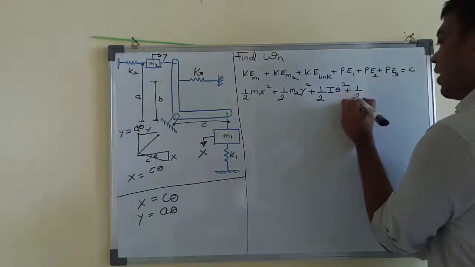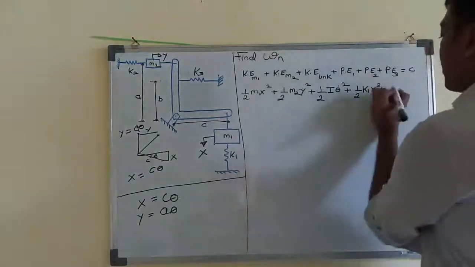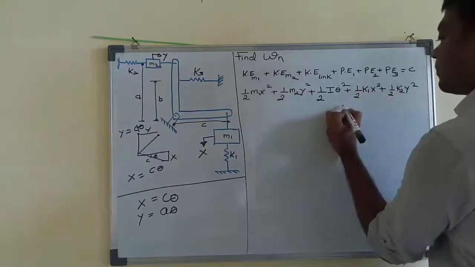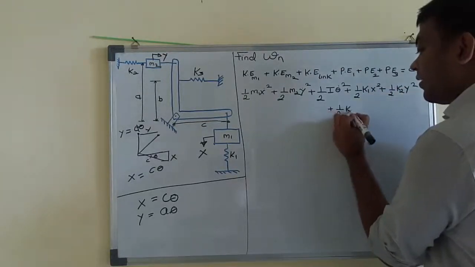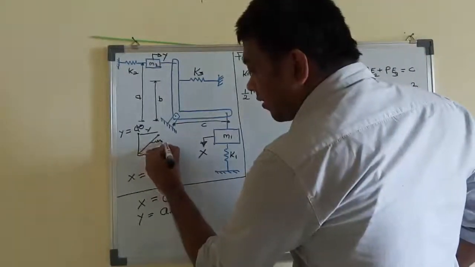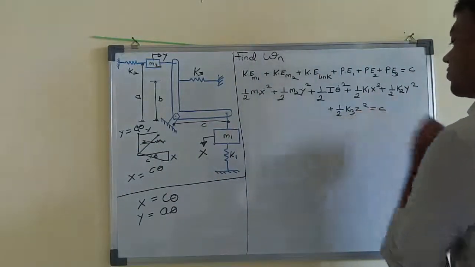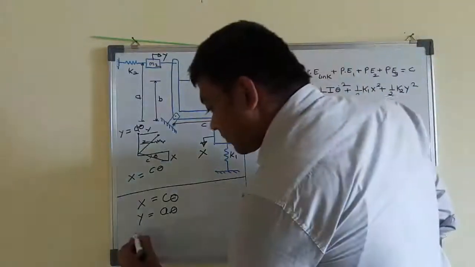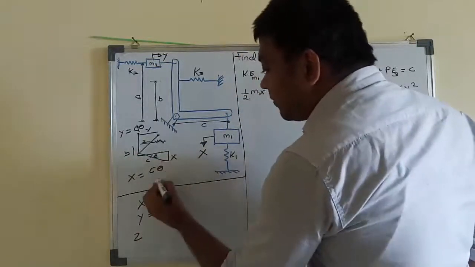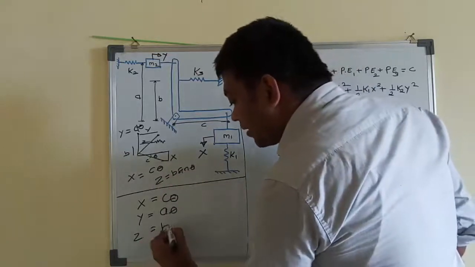For the springs, it will be half k1 x square plus, for spring 2, half k2 y square, and for spring k3, half k3 z square equals constant, where we assume the deflection of the spring is z. Now what is the value of z? This distance is b. So z equals b sin theta, so z equals b theta.